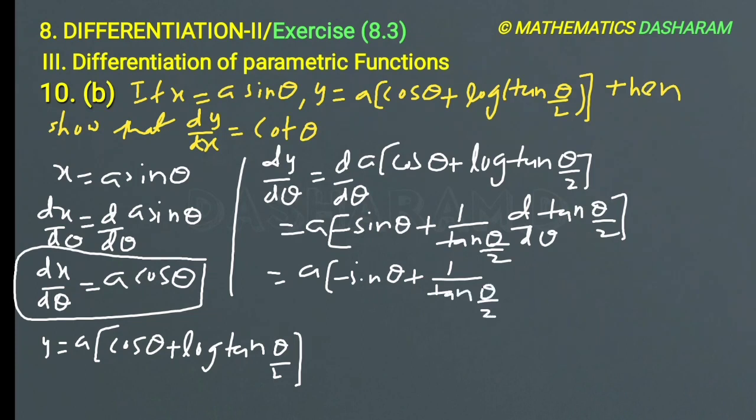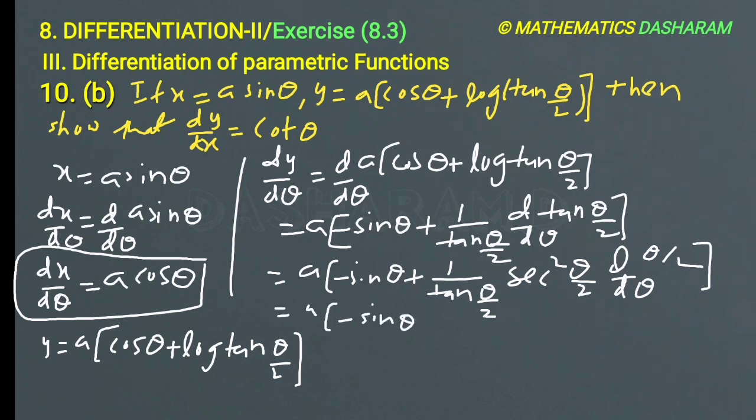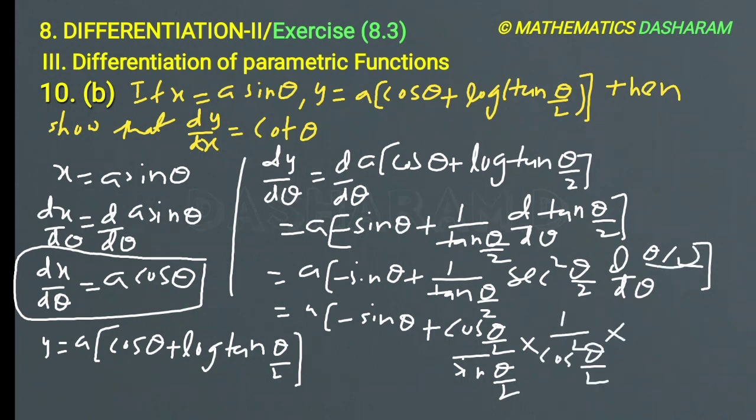The derivative of tan theta by 2 is secant square theta by 2, and next the derivative of theta by 2 is 1 by 2. Here 1 by tan theta by 2 means cos theta by 2 divided by sin theta by 2, into secant square theta by 2, which means 1 by cos square theta by 2.